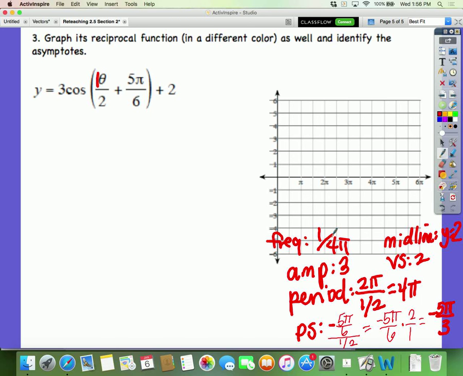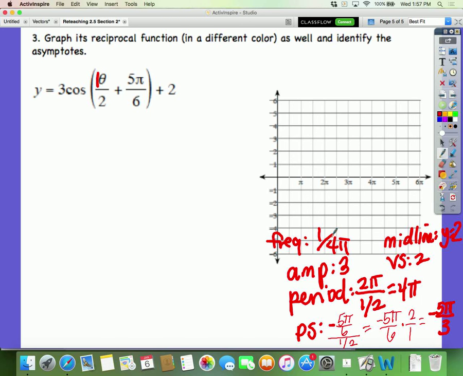Just think about it. The amplitude is the distance between your max and your min, bounded in between your graph. But if you think about tangent and cotangent, do they have maxes and mins? No, they don't. And secants and cosecants have maxes and mins, but they don't connect to each other, do they? They go in opposite directions. So they'll never have an amplitude.